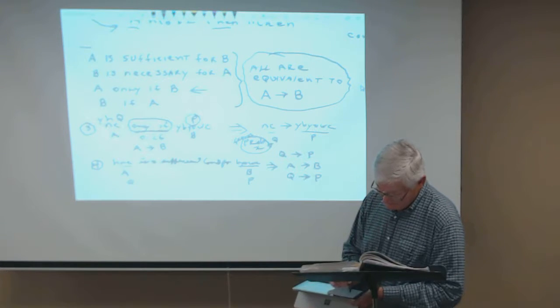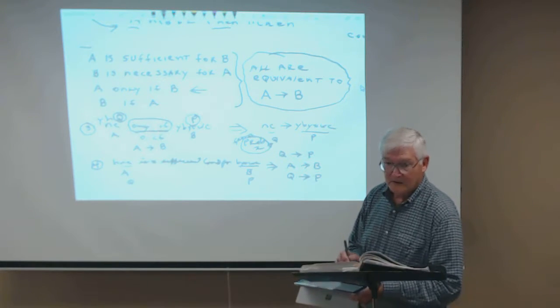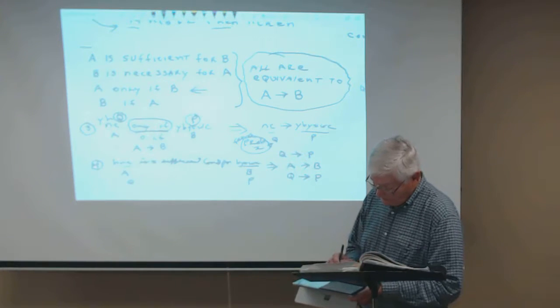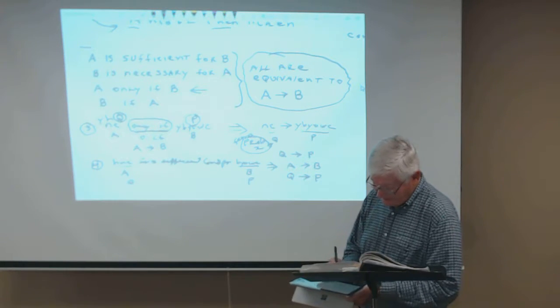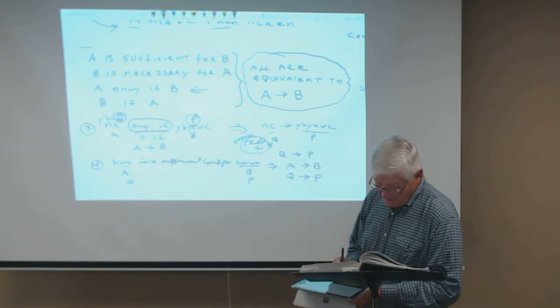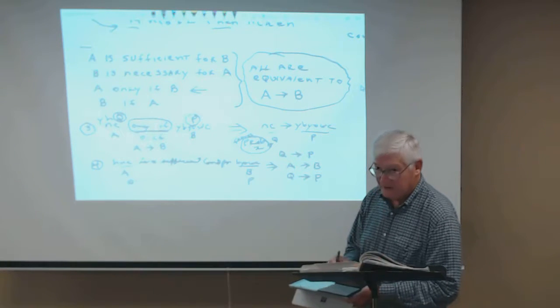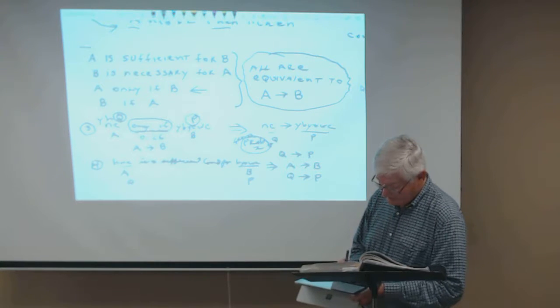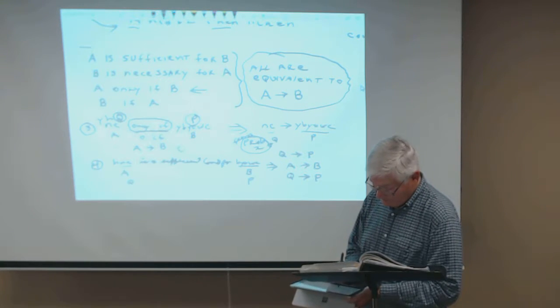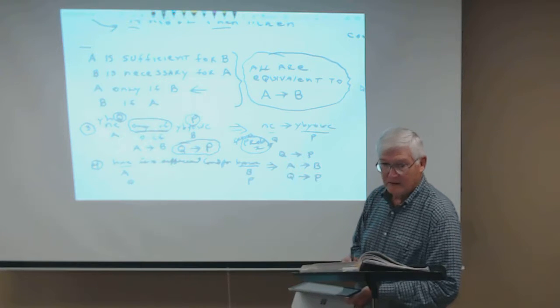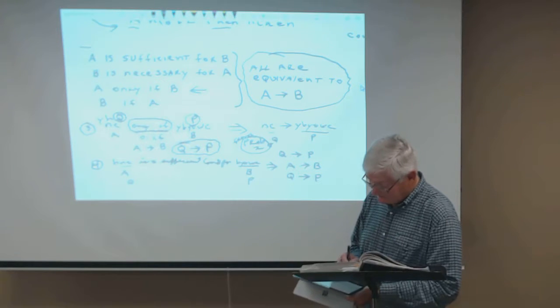They're telling me to use these letters. So P is equivalent to B, Q is equivalent to A. So for problem 3, I don't use the letters. I've used A and B to figure out what they're saying. But what do I put down for my answer that I'm going to check in the answer book? If Q, then P. Everybody follow that? That's your answer. Everybody follow that process?